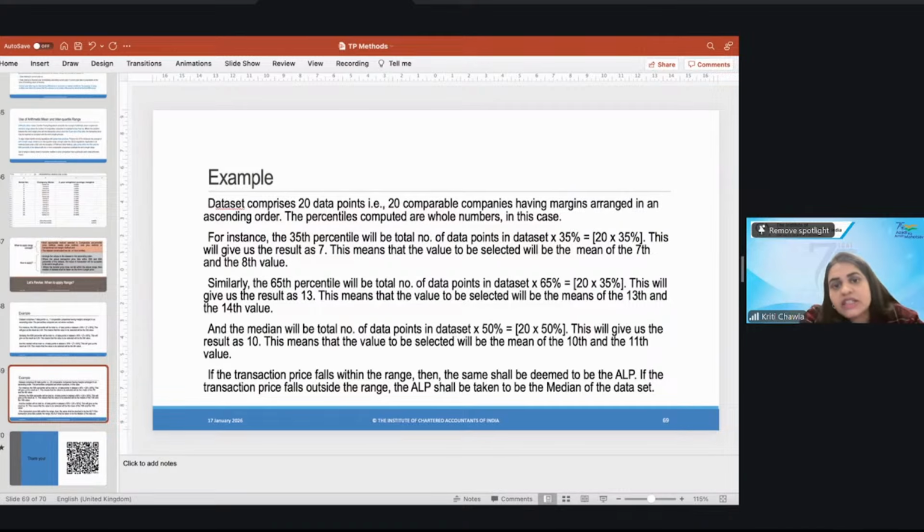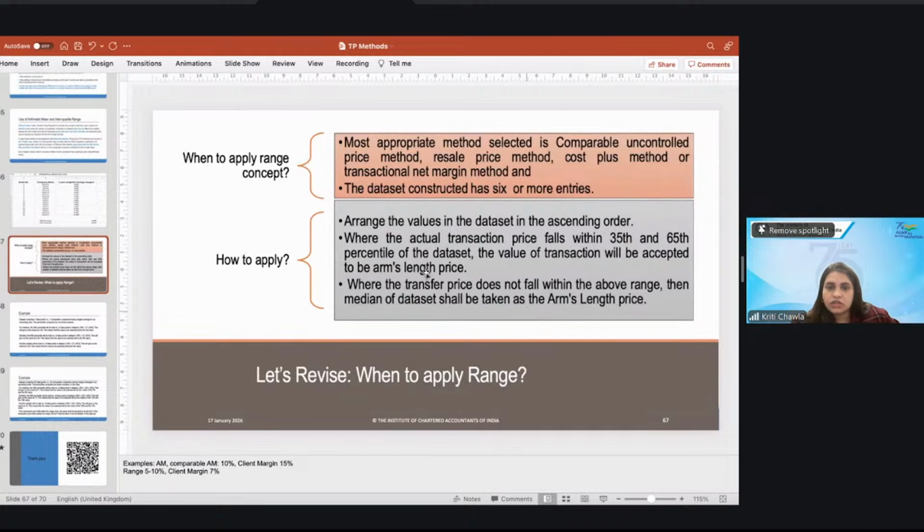So how much will be the adjustment? Exactly, it's going to be 3.5%, that's correct, 5.5 minus 2. So what I'm really trying to say is that the adjustment actually happens from the median.